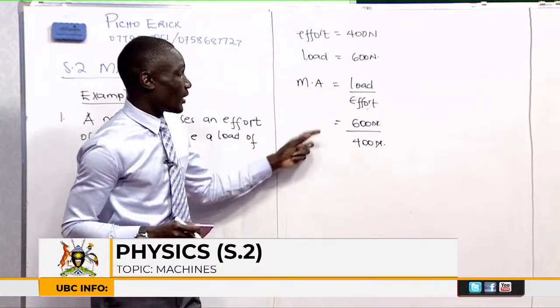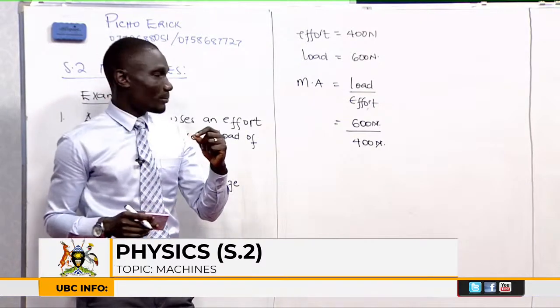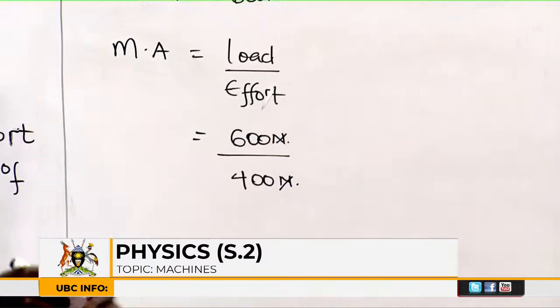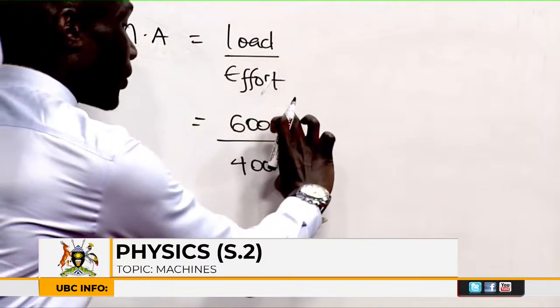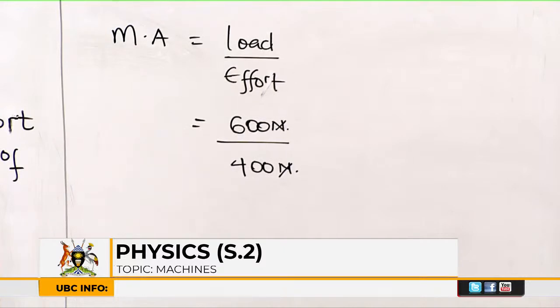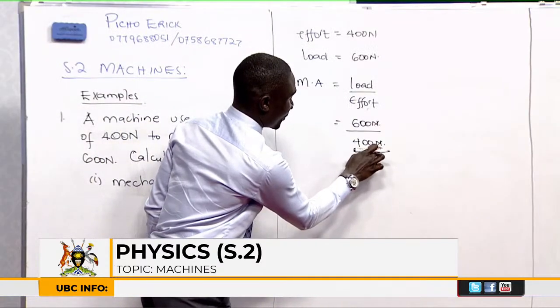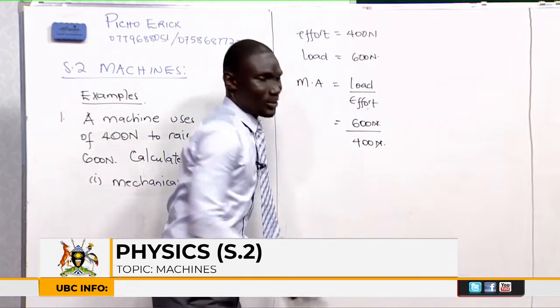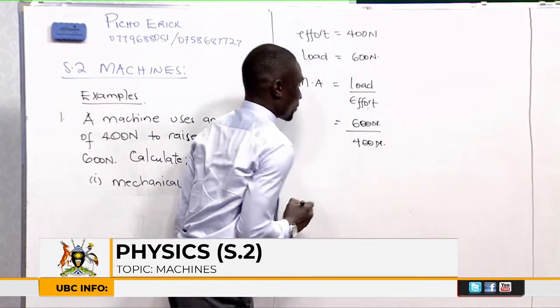And that is why at the end of the day, mechanical advantage is not going to have a newton. However, I'm not saying that you need to keep on substituting the units there. It is not necessary. I'm doing this for you if perhaps you missed the other previous lesson where we explained why mechanical advantage has no unit. Are we together? So because this newton has cancelled out with that newton, the final answer you're going to have will have no unit. So these two zeros will as well cancel with those.